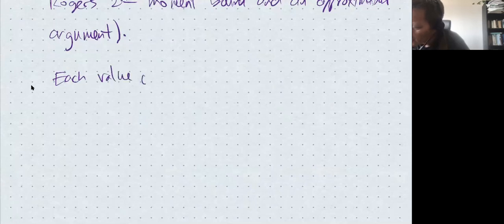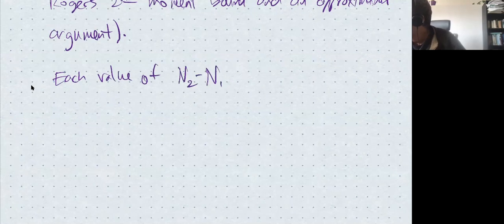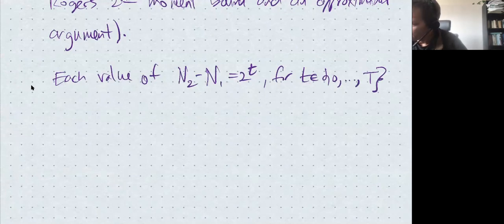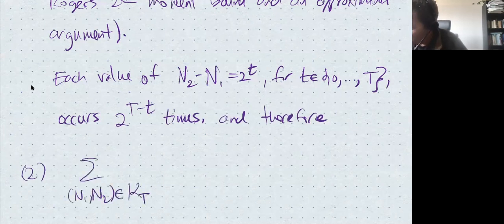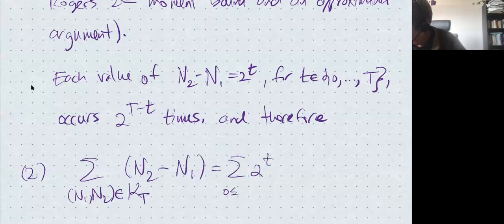Each value of the difference n2 minus n1 is equal to some number 2 to the t for some choice of t between 0 and capital T. And it occurs 2 to the power capital T minus t times, and therefore formula 2, the sum over n1, n2 in KT of n2 minus n1 is this.